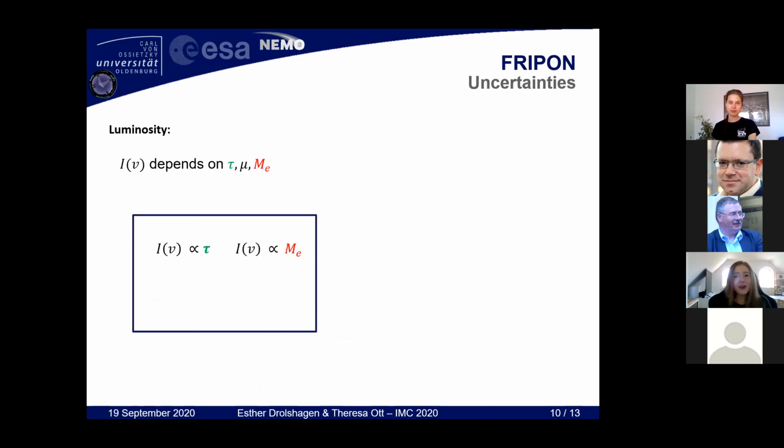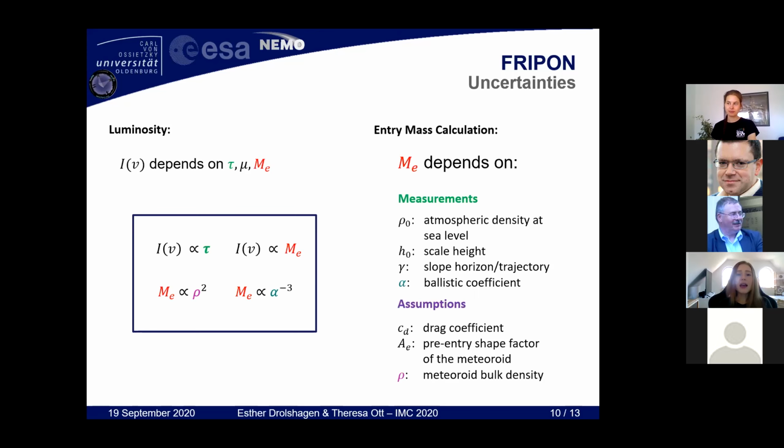And then we had a look at possible uncertainties. Our luminosity depends on, amongst others, the luminous efficiency, the shape change coefficient, and the entry mass of the object. Luminosity is proportional to tau and M_E. So we thought about the largest uncertainties we could imagine.